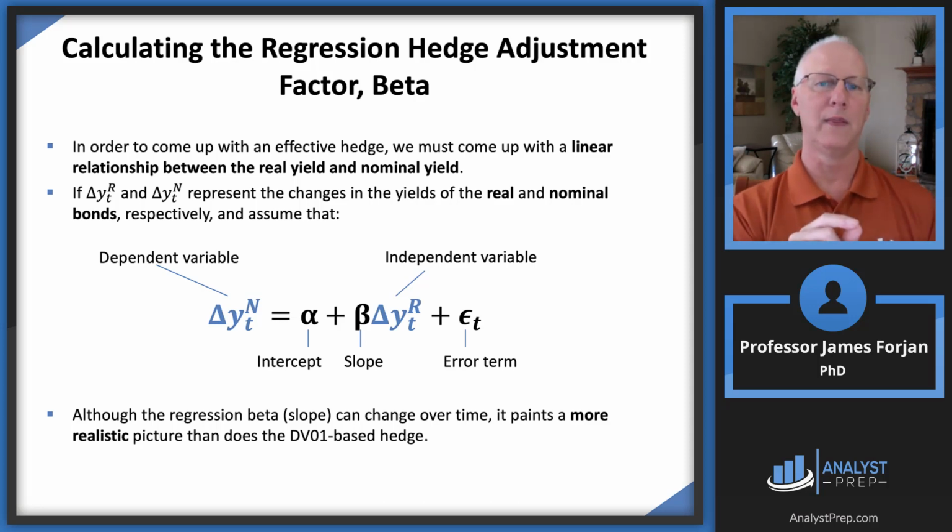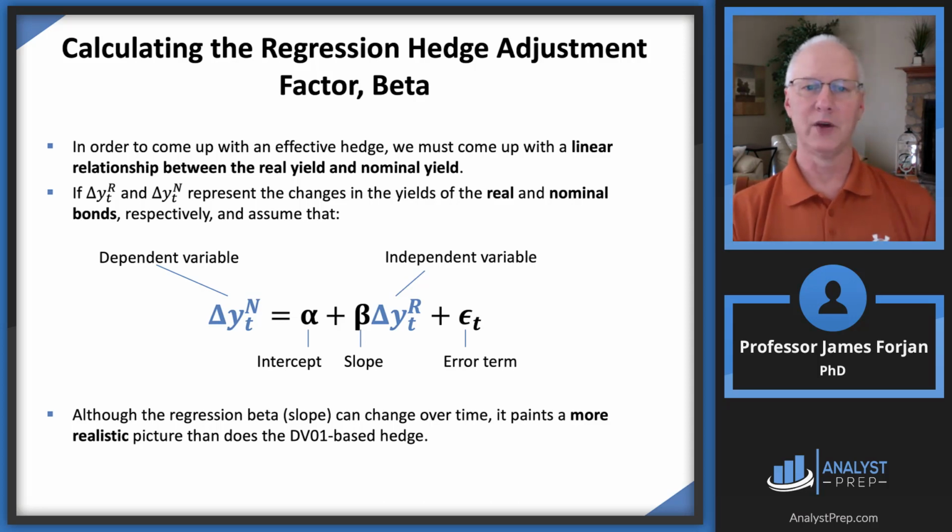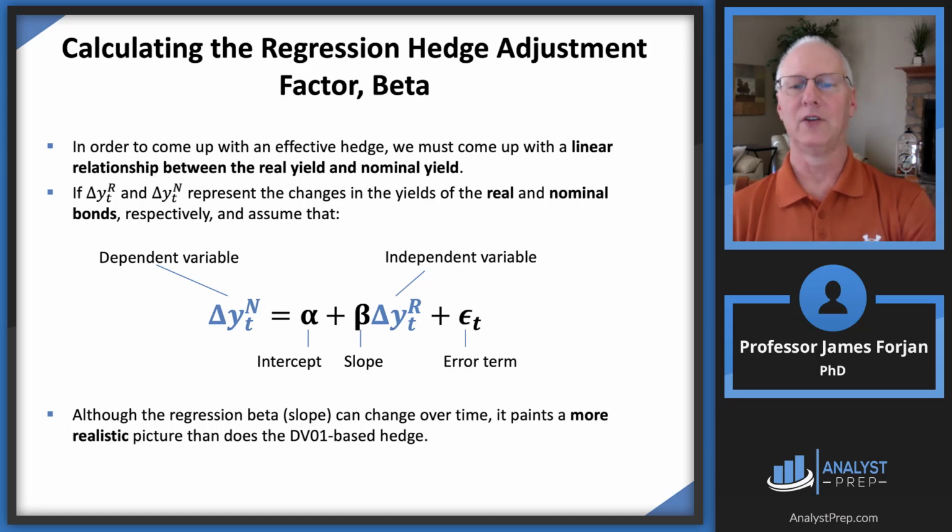We're going to look at the change in the yield to maturity on the real and the nominal securities, and then we're going to just do our regular old least squares regression, and the beta term in the middle, that's our measure of sensitivity. So look at the bottom bullet point I have. It paints a more realistic picture than does that simple standard DV01-based hedge.